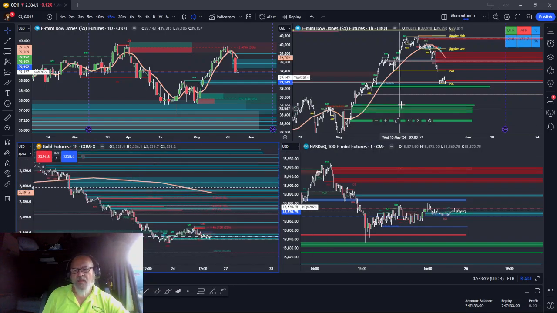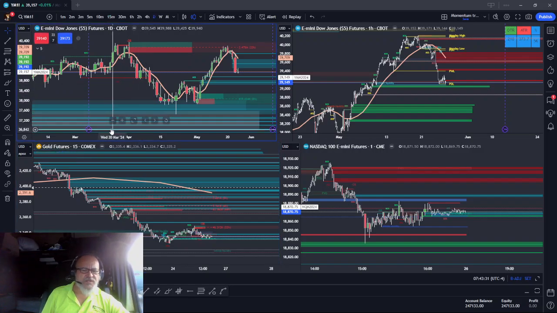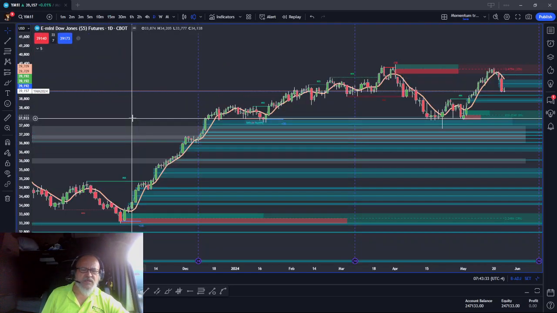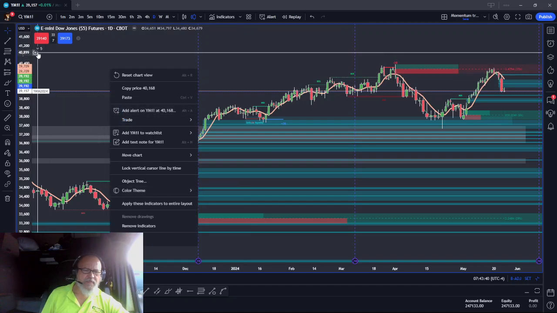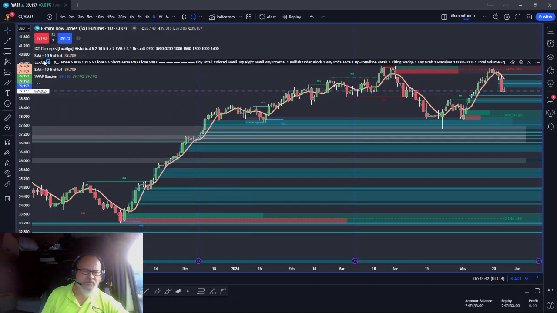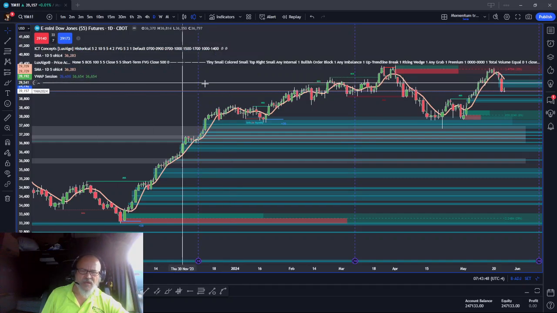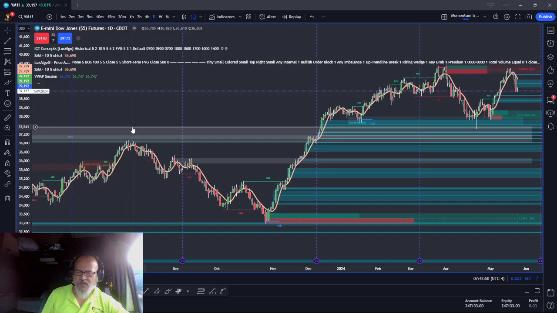So yeah, I'm going to take one chart. We'll start with this one up here, and I am going to hide all of the indicators. Well, actually, let's see. Let's leave them up. Let's see what happens.